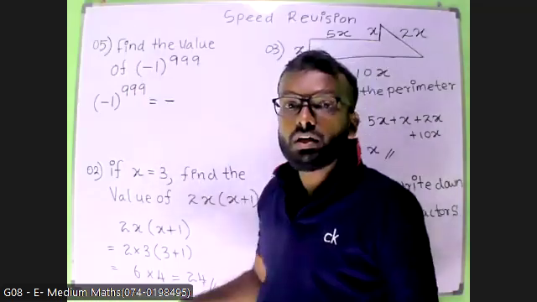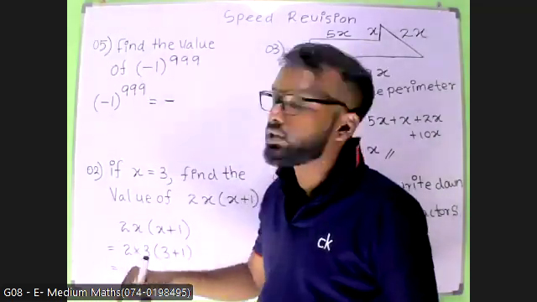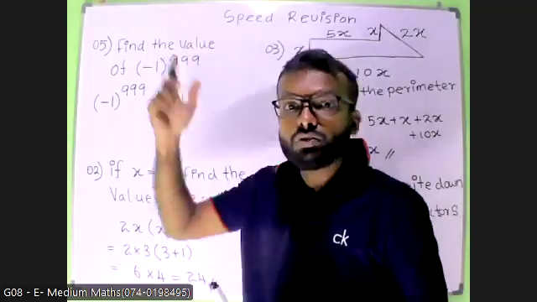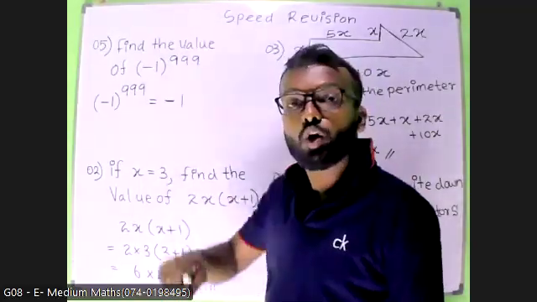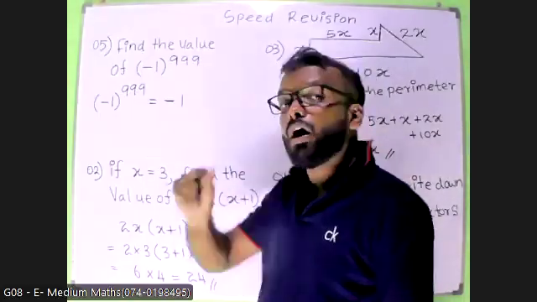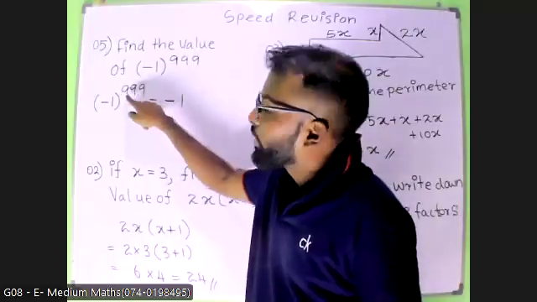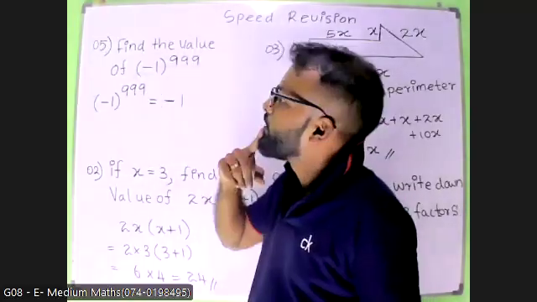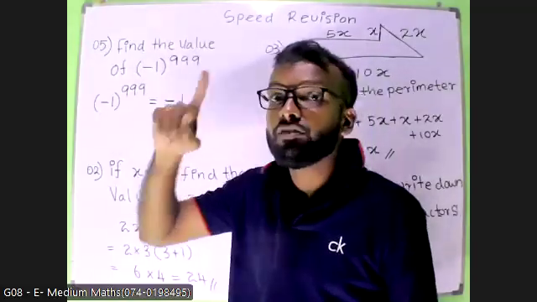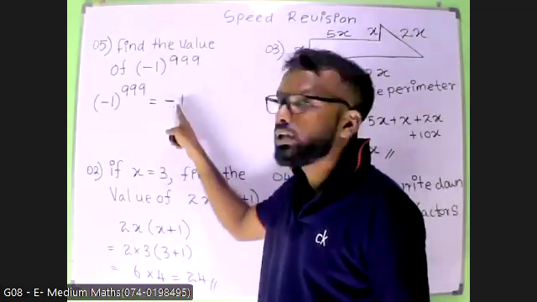1 to the power 999, what is the answer? 1. 1 to the power 1000, 1. 1 to the power 2, 1. 1 to the power 10, 1. If the power is even, what should the answer be?